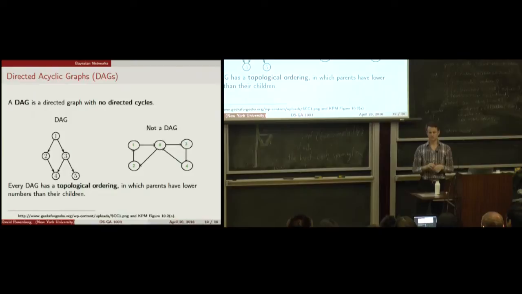Could you give an example of when the directed acyclic graph restriction would apply? We don't allow the directed cycles, so that's what we're talking about.